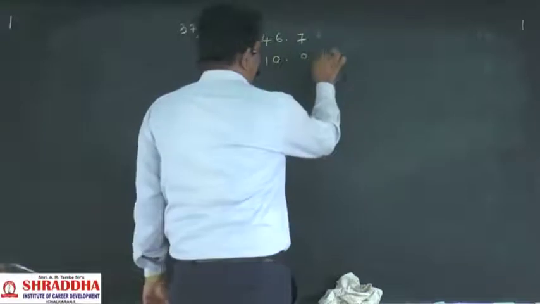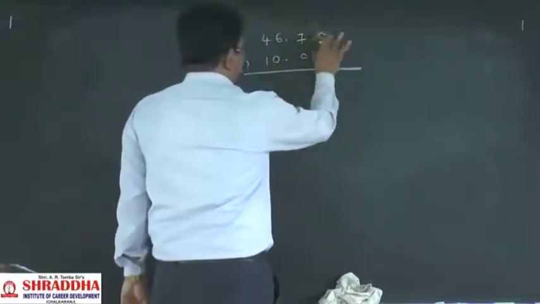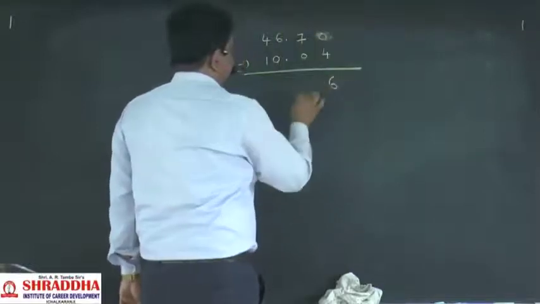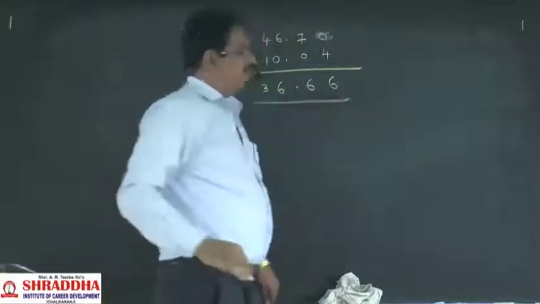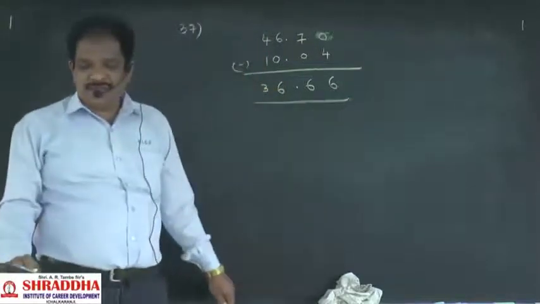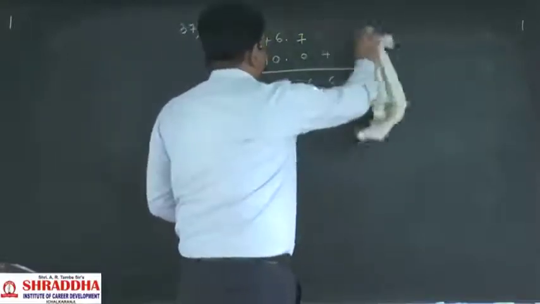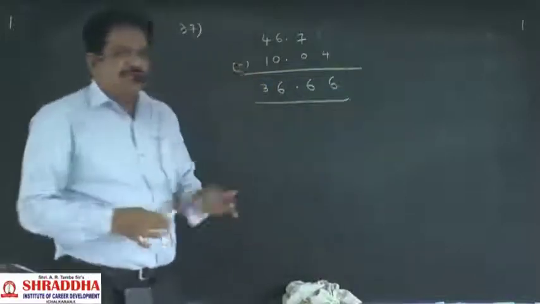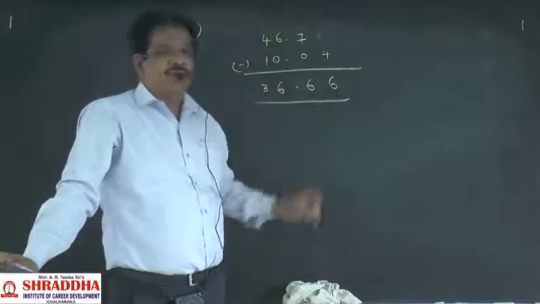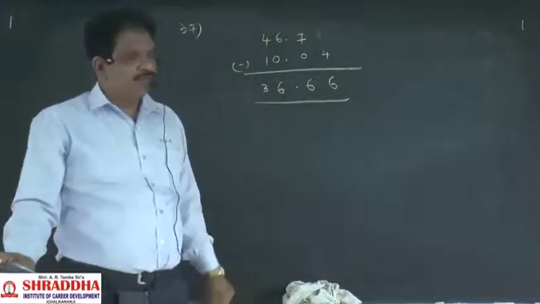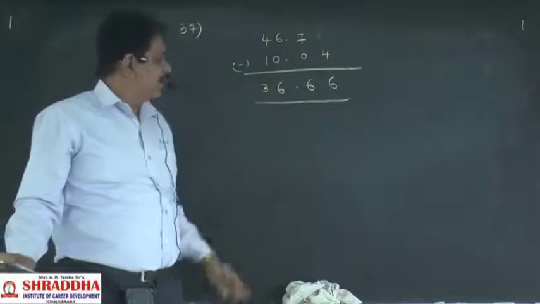You subtract 10.04. So this will be 36.66. The final answer will have how many significant figures? First you have to check after the decimal point. After the decimal point, 2 significant figures are there, so no need for rounding off; directly do the subtraction.